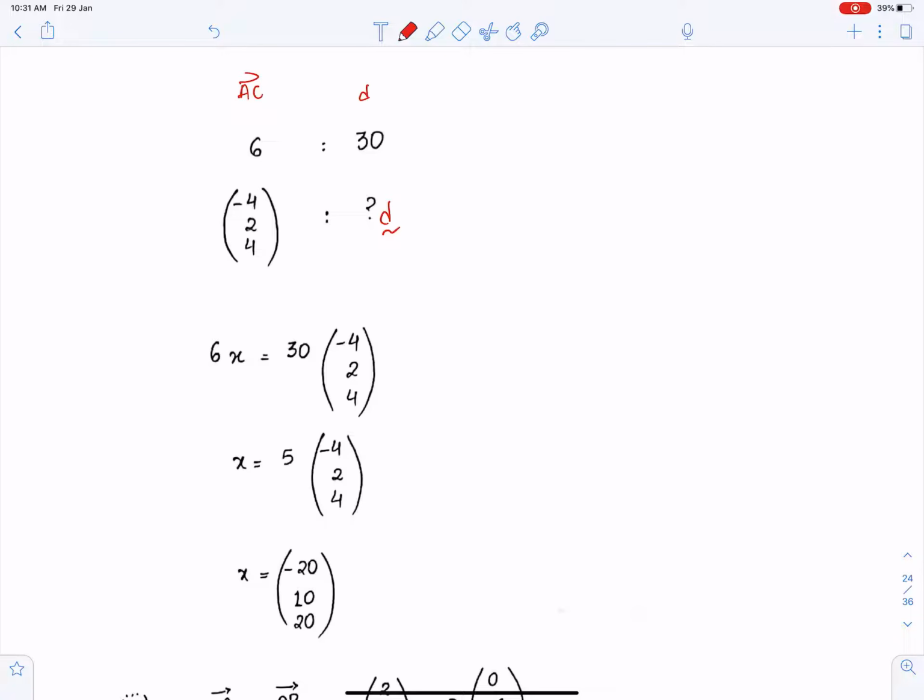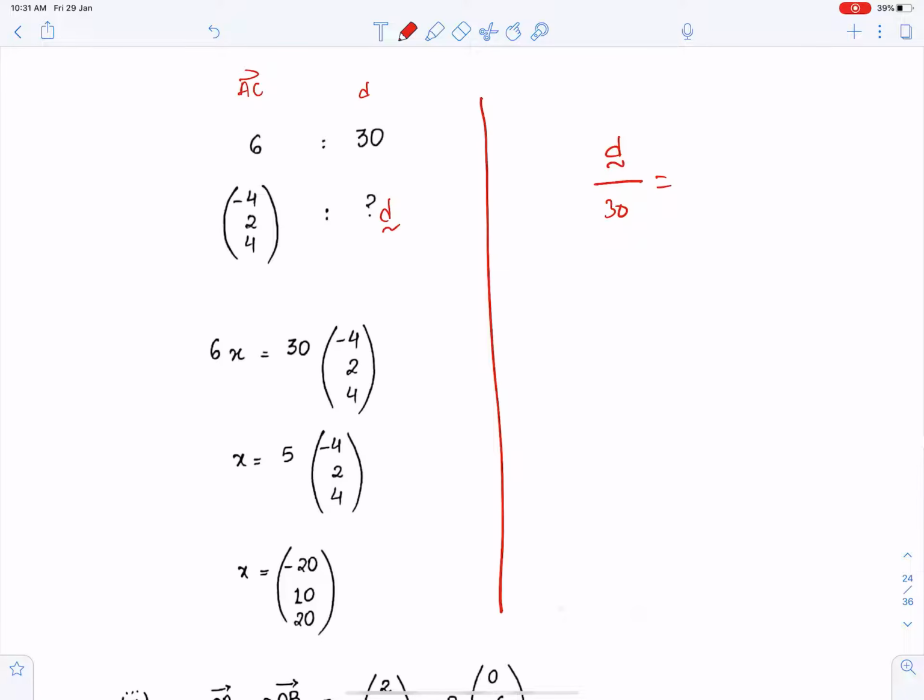And you can do this as well. D upon its magnitude. This is the another way. AC divided by its magnitude.